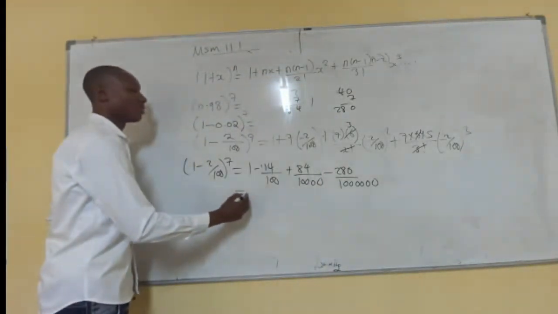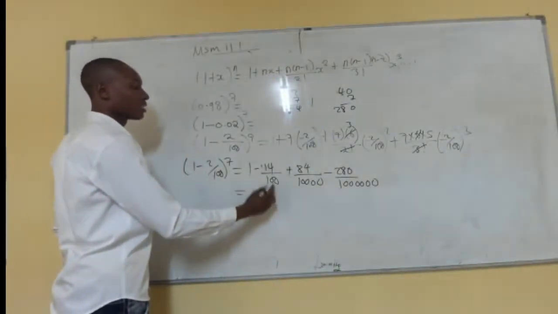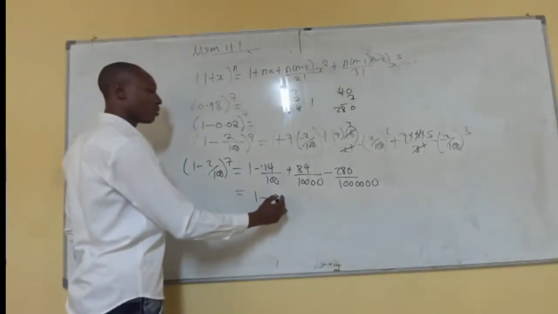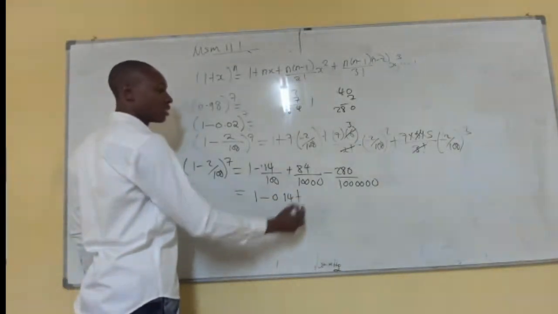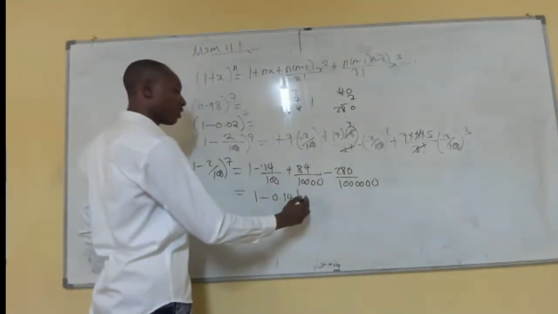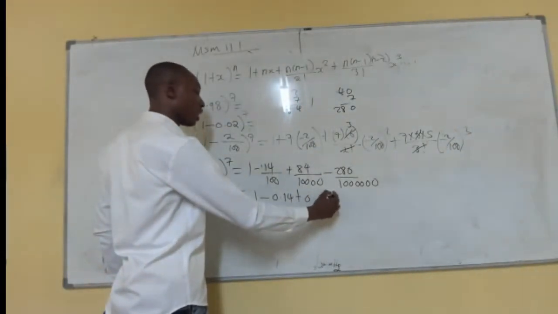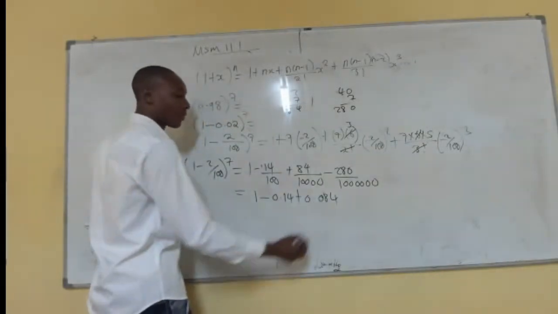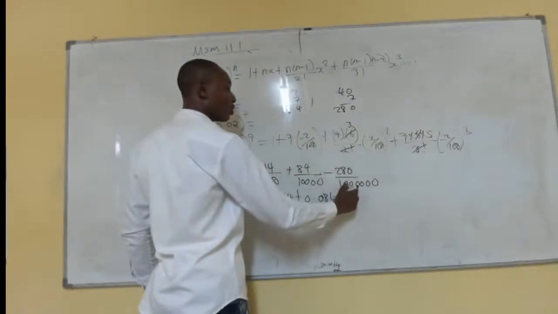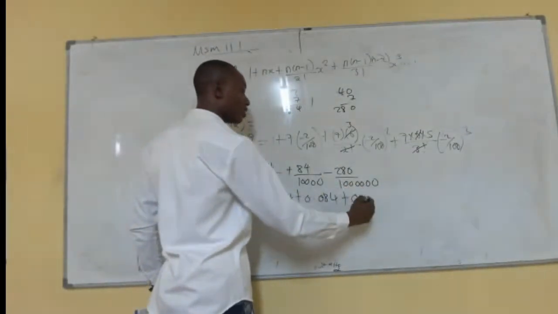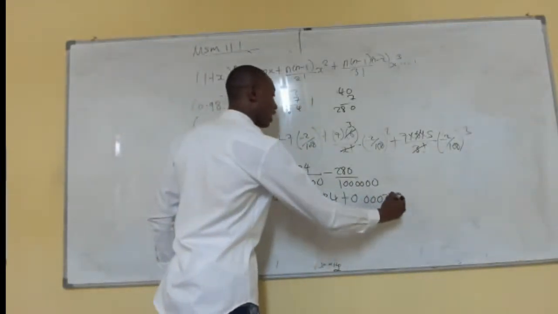Can we change this back to decimals? So changing back to decimals, we have 1 minus 0.14 plus, here we're going to have 0.084 plus, here we're going to have 0.000280.